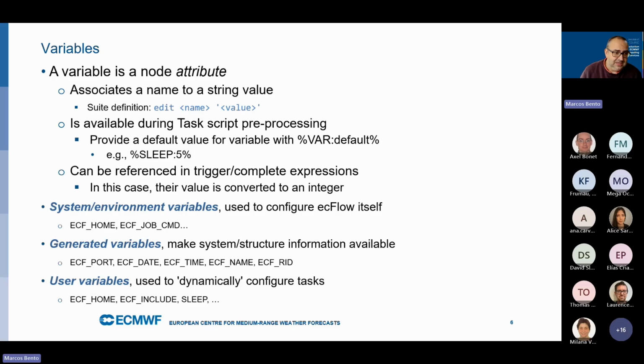For example, ecf name, so that it can be used as the path inside the task scripts. Also ecf port. There's ecf password, which is also generated so that the task then knows how to actually come back. And of course, apart from the system and generated, you have user variables, the ones that each of us will use to actually customize our task behavior. Okay.